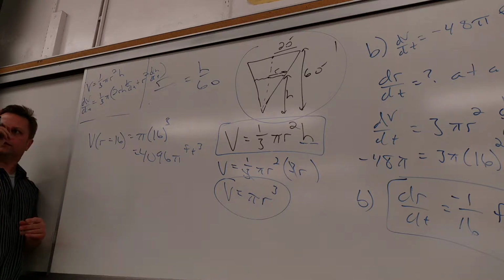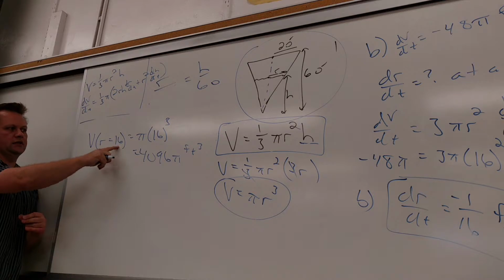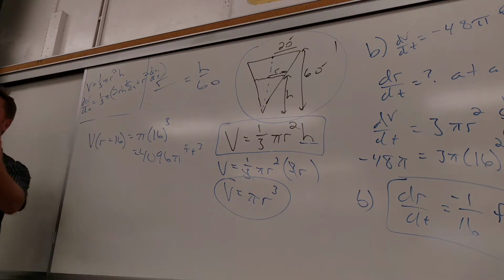If I wait 1 second, how big will the radius be now? The radius is currently 16 feet. You could do it. If I wait 1 second, how do I figure out how big the radius is now? That seems to mean I need to know how quickly the radius is changing. If only I knew that.